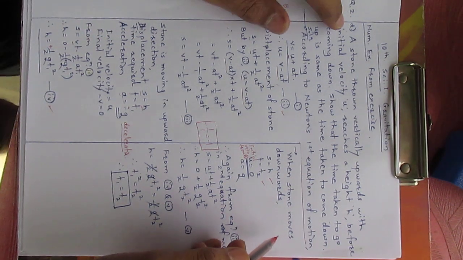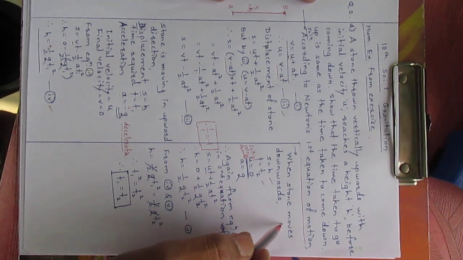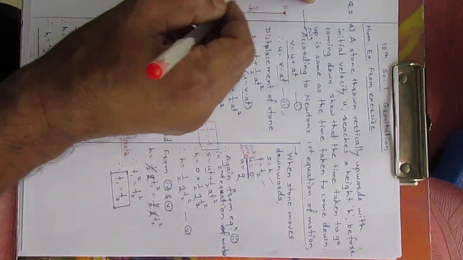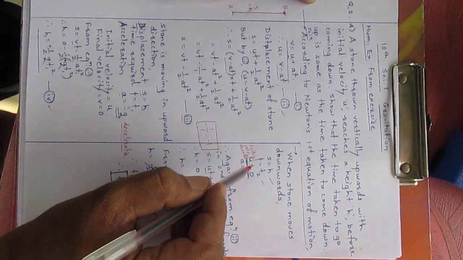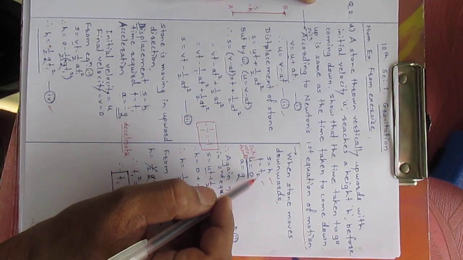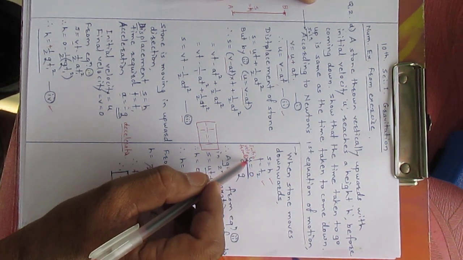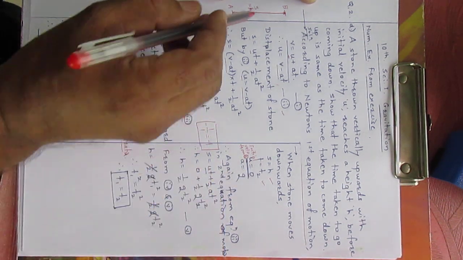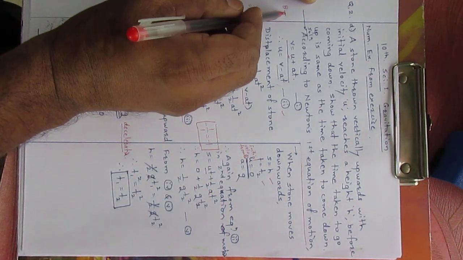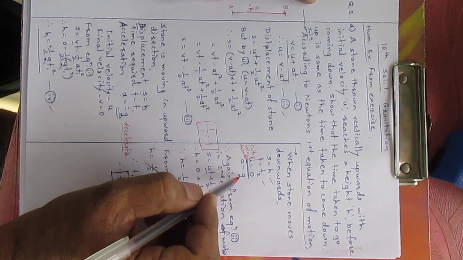When the stone moves downwards, then s is equal to h. Again the displacement will be the same. t is equal to t2. The initial velocity of the object u will be 0 because it is stationary at this point. a will be equal to acceleration due to gravity g.